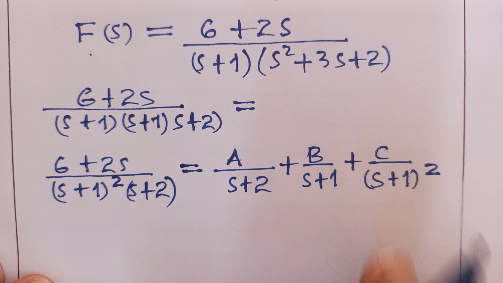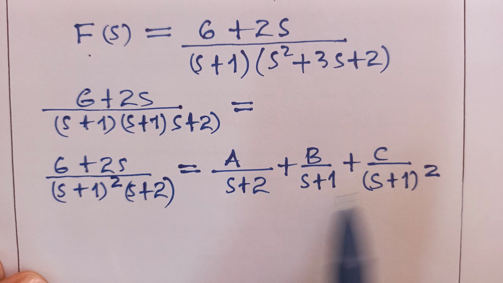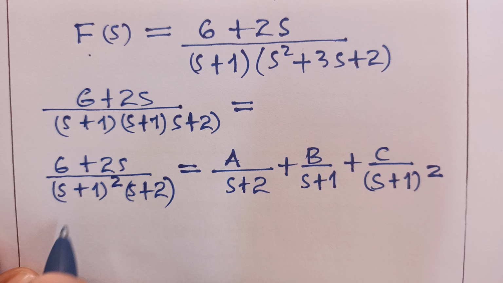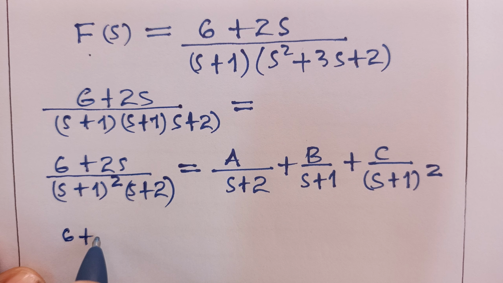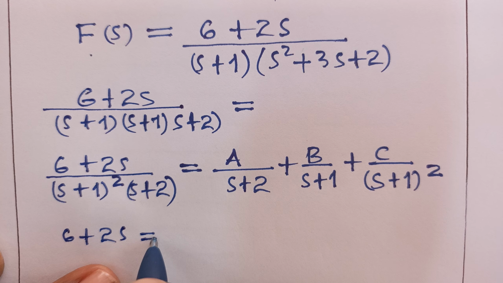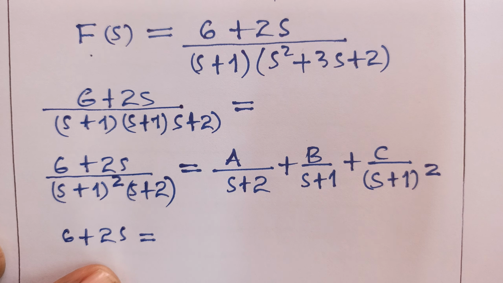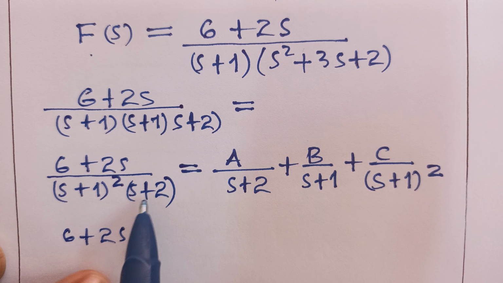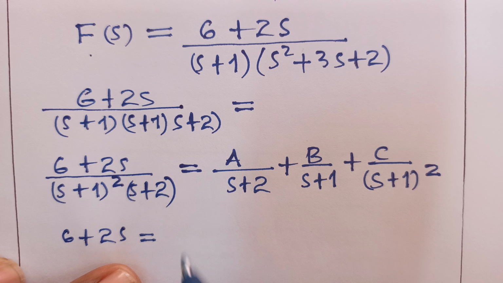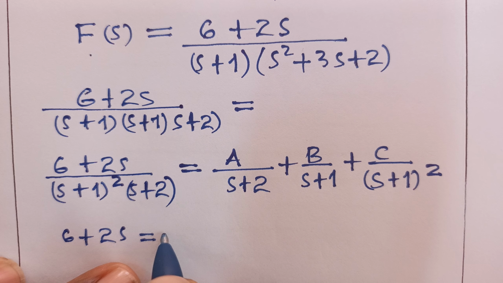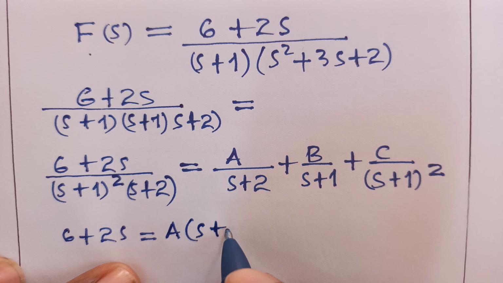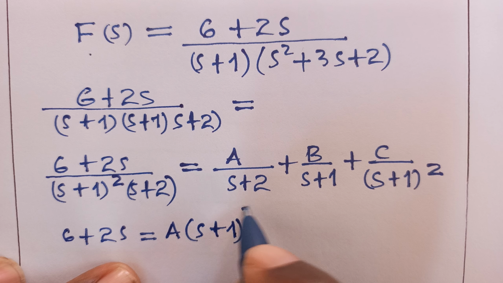For that, we're going to equate this side to 6 plus 2s. That is going to be 6 plus 2s equals, divide the LCM by the denominator of A, that gives us (s plus 1) squared. So this is A(s plus 1) squared.